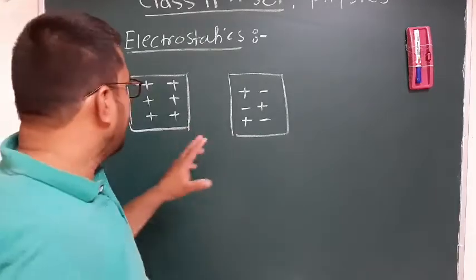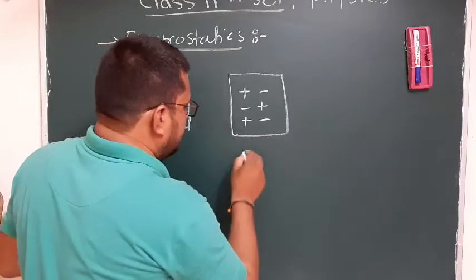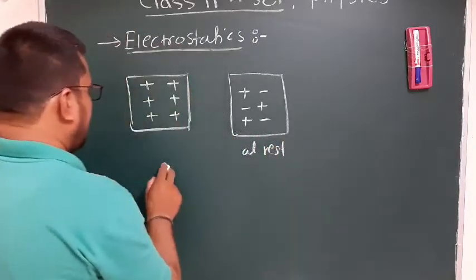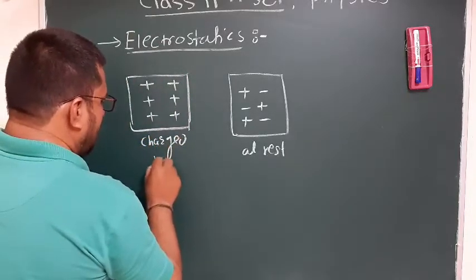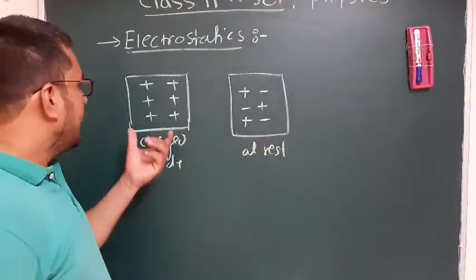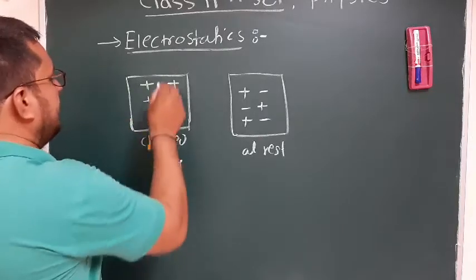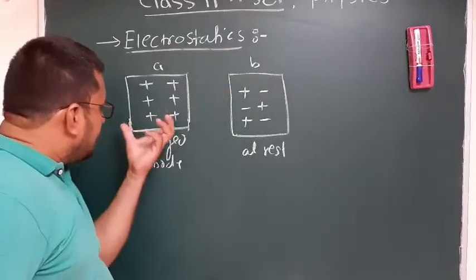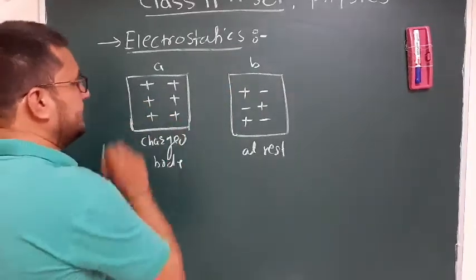Here we have two objects. This is an object at rest, and this is a charged body. Suppose we name this body A and the other B. Body A has a positive charge.